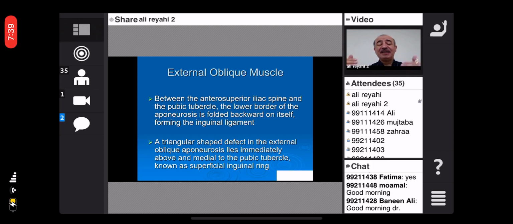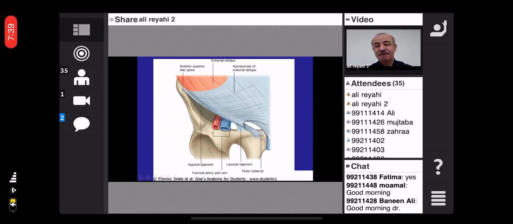Attention please. In the anterior wall of the abdomen, above the inguinal ligament, it allows passage of the spermatic cord in men and the round ligament in women. So this canal, the superficial ring, is a defect in the external oblique aponeurosis, like this. Attention please.